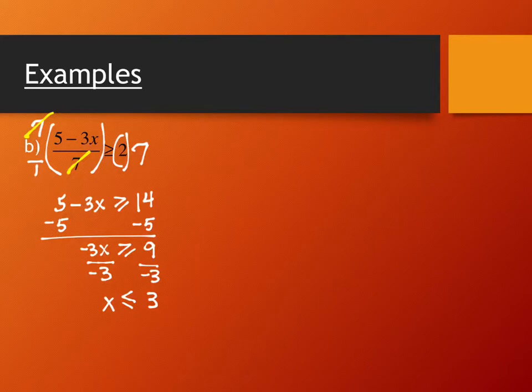So for inequalities, let's go with the fact that we have negative 3x is greater than or equal to 9. Yes, there should be a negative there. Let's look at this, but not do any dividing or multiplying with the negative at all. Another way that I can eliminate a negative is to add it to the other side so it becomes positive, correct?